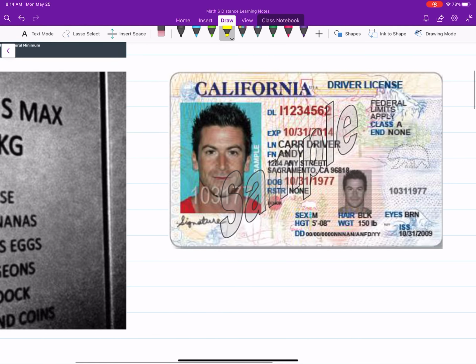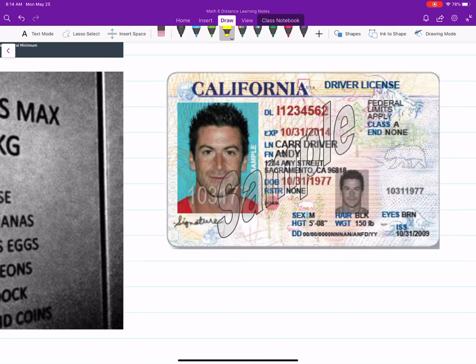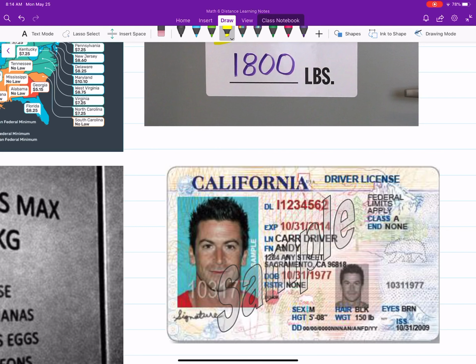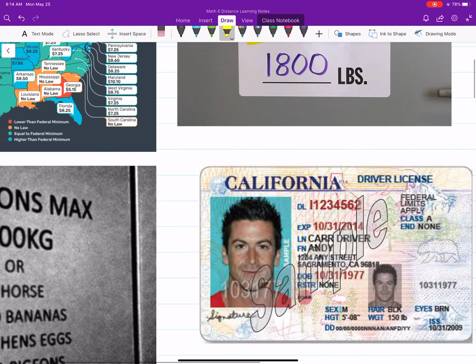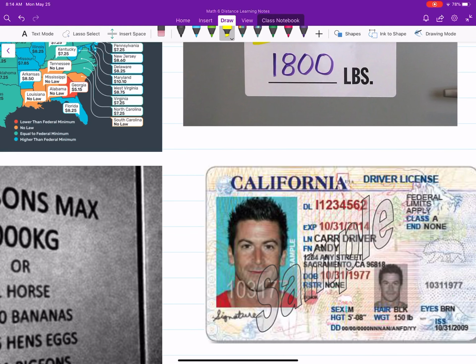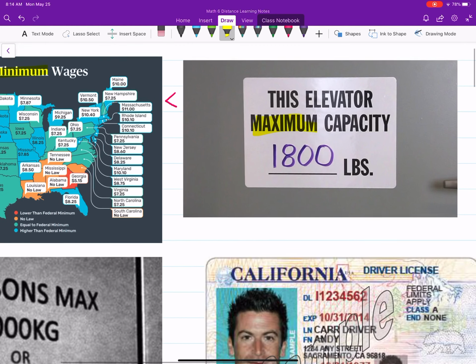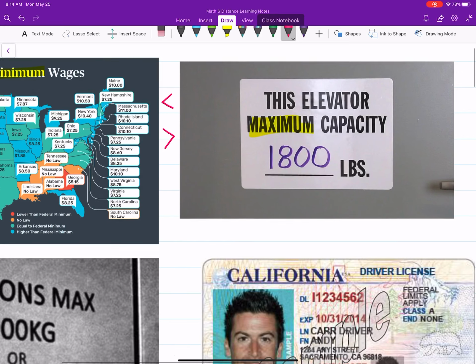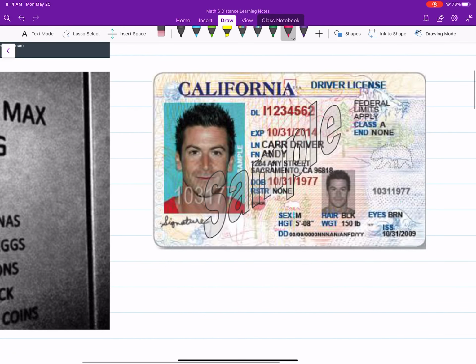California driver's license, you could use different words. We've used maximum so far to represent solutions less than it, and minimum to represent solutions that would be greater than that. Excuse me, I have to make sure I have the greater sign. Now we have driver's license. You have to be at least 16 years old.